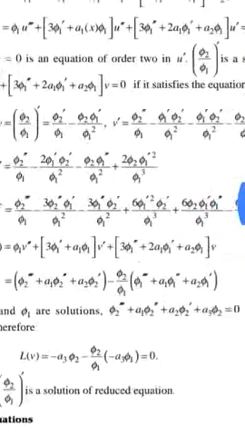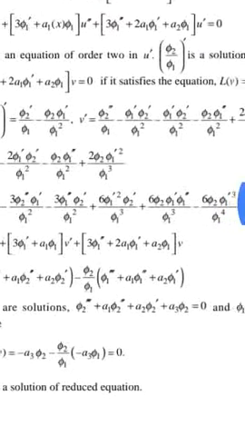Thus L of y is equal to 0 is an equation of order 2 in u dash.